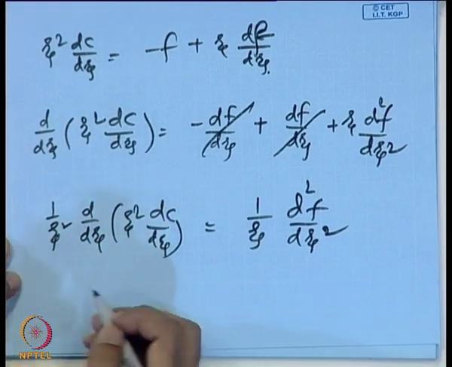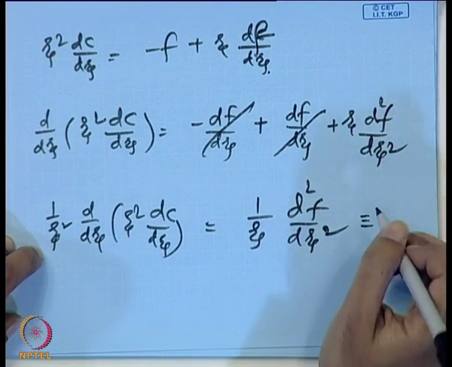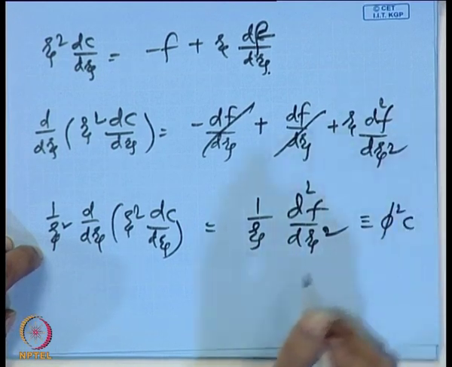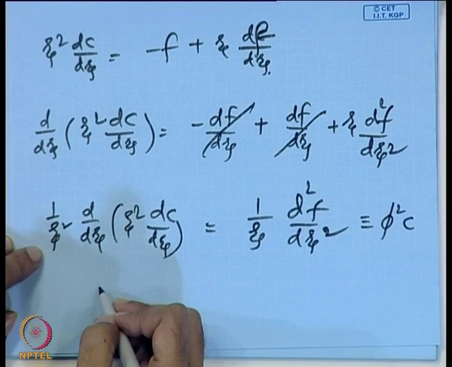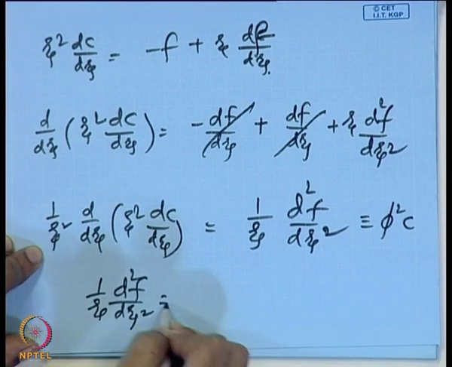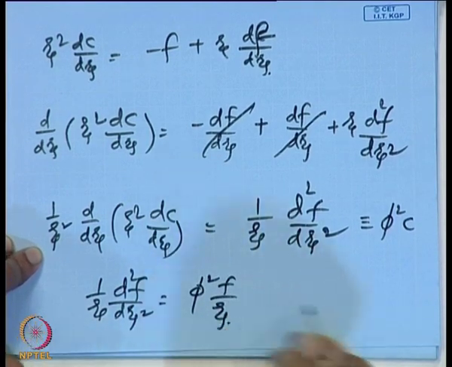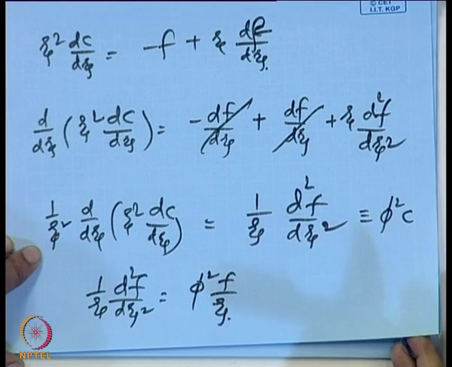So my equation now, this equals this. Now this is equivalent to phi square times C, right? So what I get is 1 over psi del 2f del psi square equals phi square times C, which is now f over psi. So done.